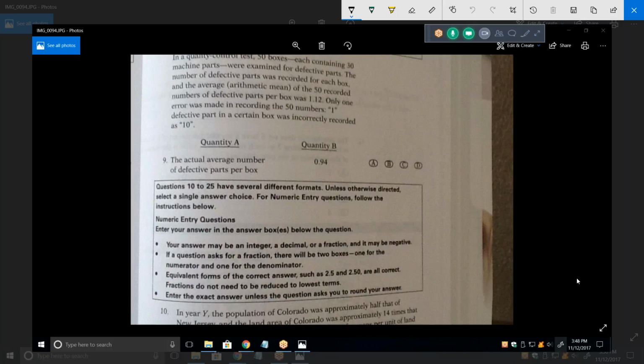And the average of the 50 recorded numbers of defective parts was 1.12 per box. 1.12 out of 30. They never make it easy. Only one error was recorded in recording the 50 numbers. One defective part in a certain box was incorrectly recorded as a 10.